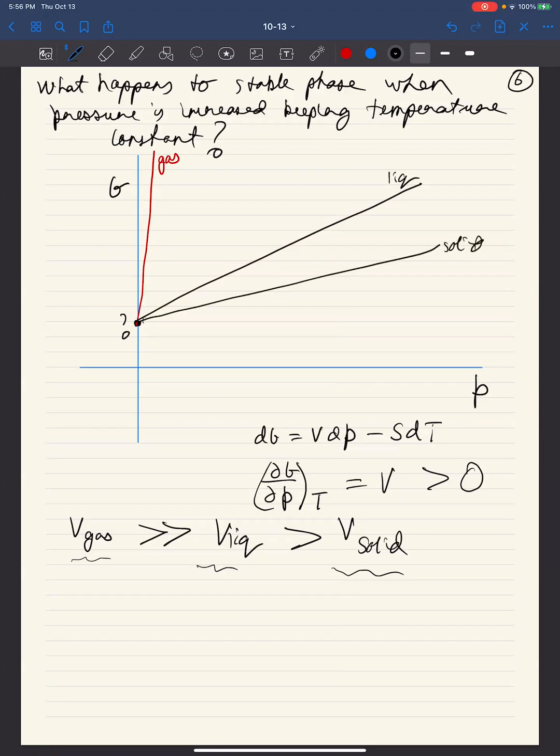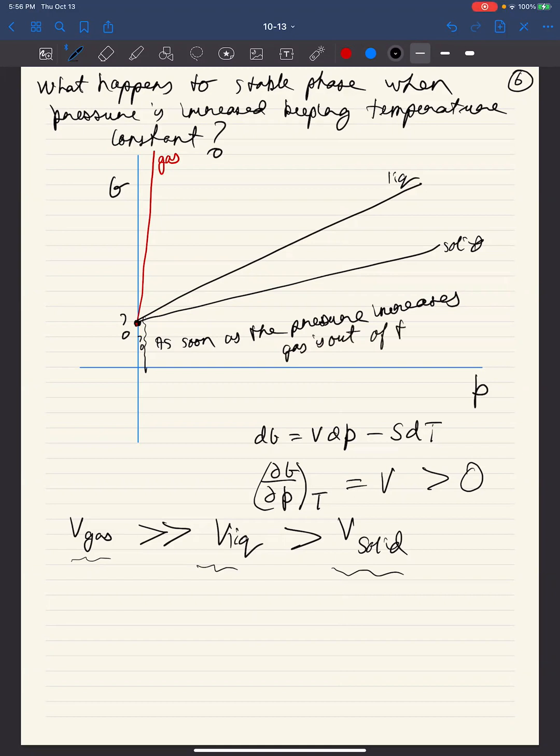I'm not saying that there is no small enough pressure at which the trend could be reversed, okay? It's possible that there is a small enough pressure at which the three things are different. But the point being that as soon as the pressure increases, gas is out of the question.